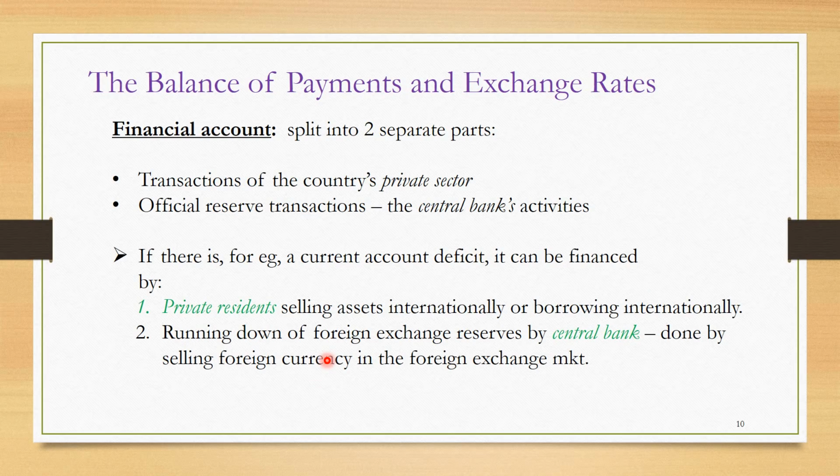So the financial account is split into two separate parts. There's all the transactions of the country's private sector, and then those of the central bank. So private residents can sell assets internationally or borrow internationally, or your central bank can run down their foreign exchange reserves by selling foreign currency in the foreign exchange market.